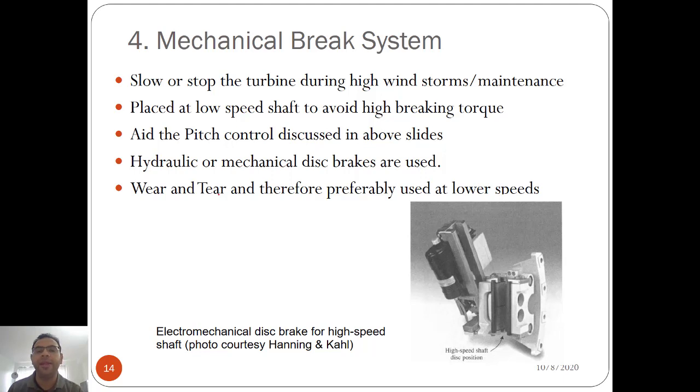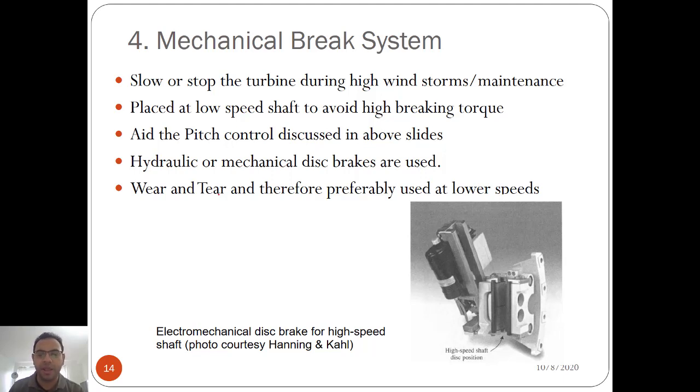The mechanical brake stops the system, or even controls the speed of the system. Rather than applying the brake when the machine is operating at its full speed, we first apply the pitch control mechanism, decrease the speed, and then apply the mechanical brake, so I can limit the wear and tear within the system.